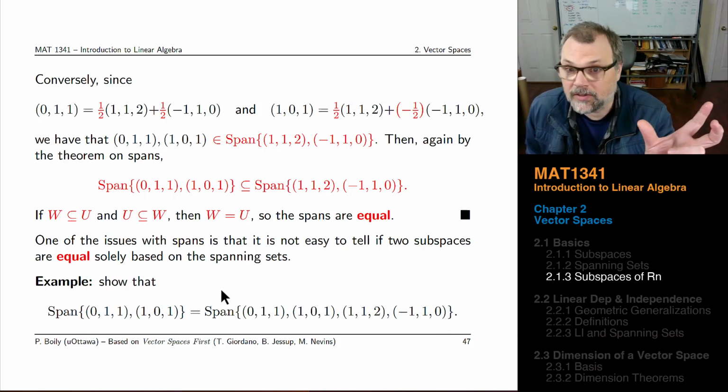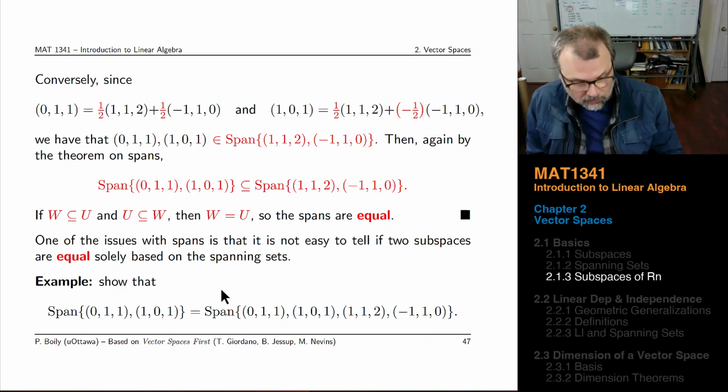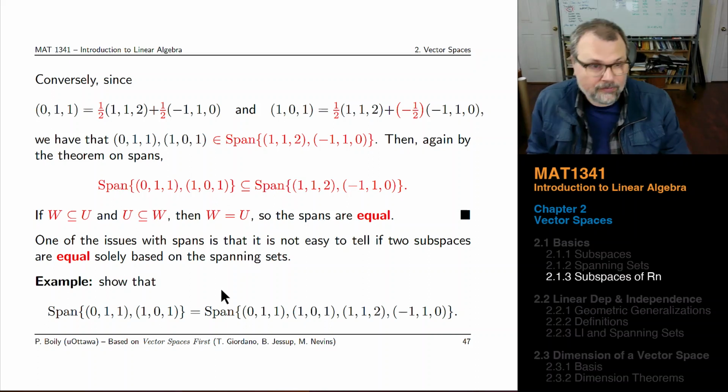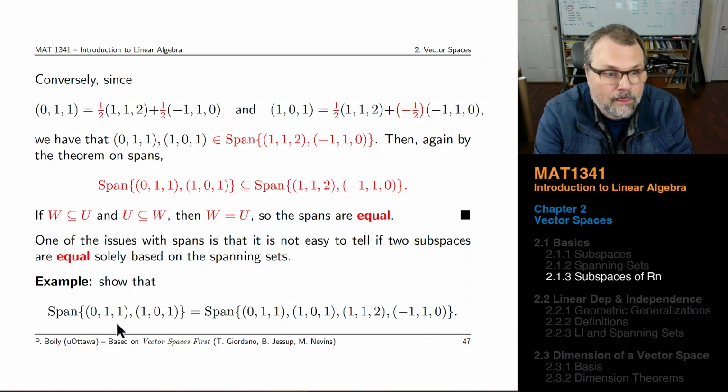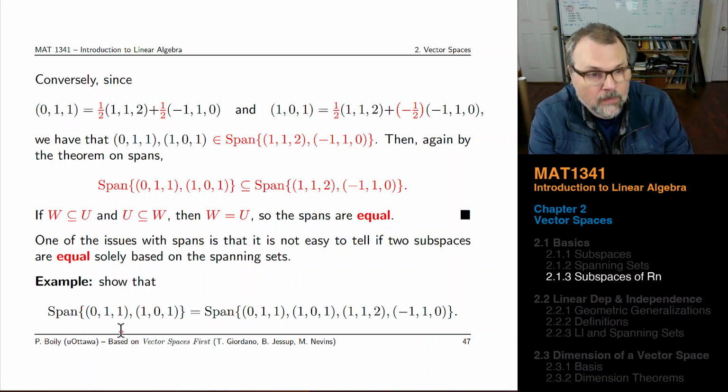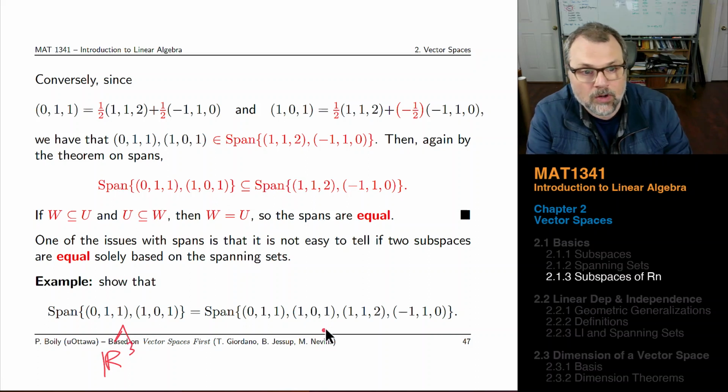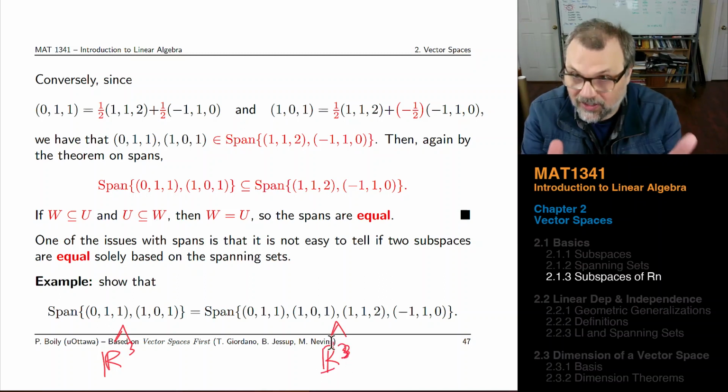The span of (0, 1, 1) and (1, 0, 1) is a subspace of R3 that we know. The span of (0, 1, 1), (1, 0, 1), (1, 1, 2), and (-1, 1, 0) is also a subspace of R3 because it's a span of vectors in R3.